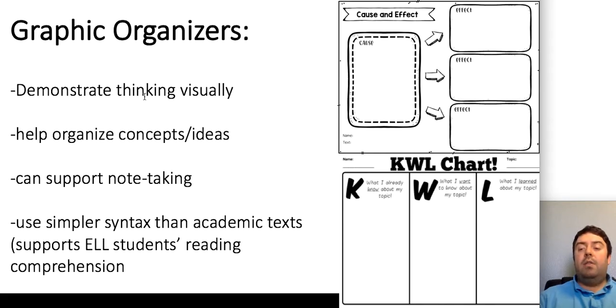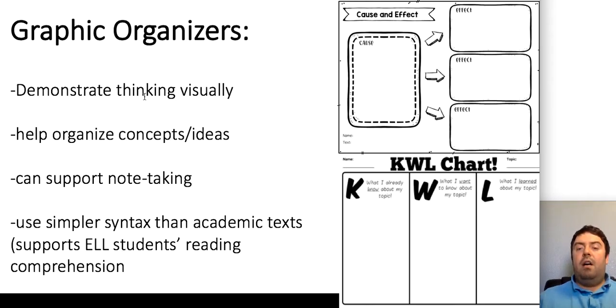Graphic organizers are another wonderful support for ELL students and all students. They model thinking visually. They also help students organize their thoughts and organize central concepts or components of the lesson.